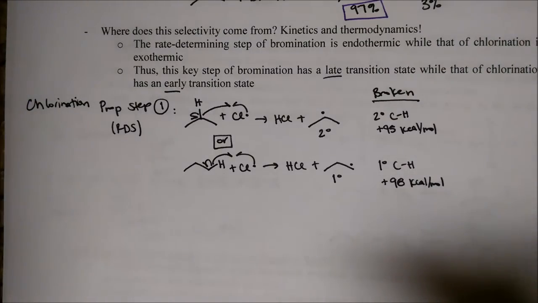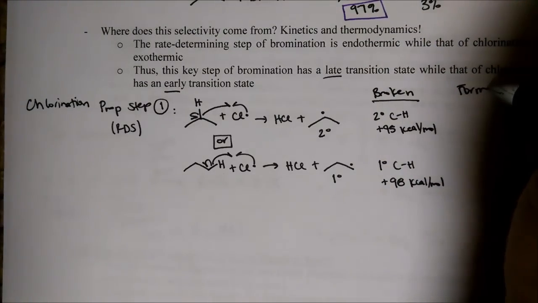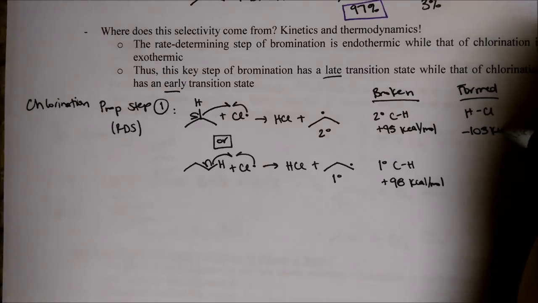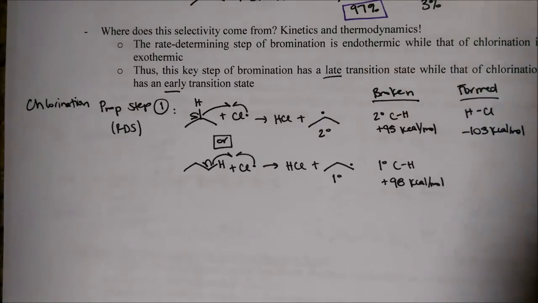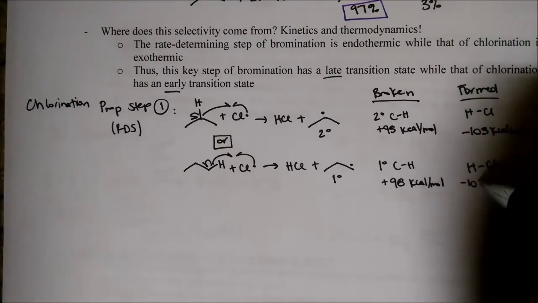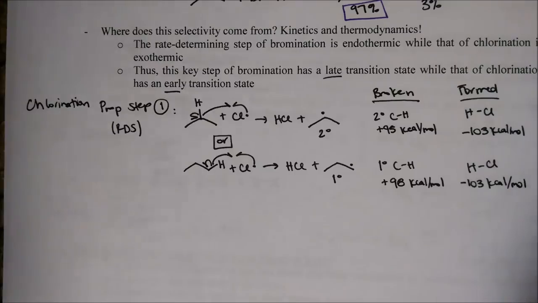And in terms of formed, both of them form HCl, so they both will have a value of negative 103 kcal per mole, because they're formed, so they're negative.